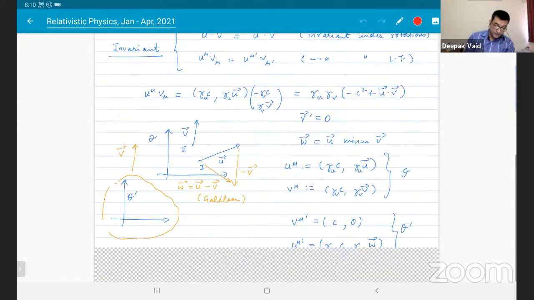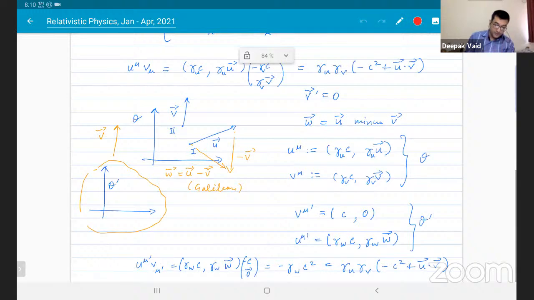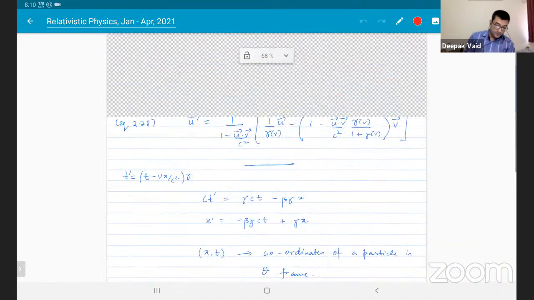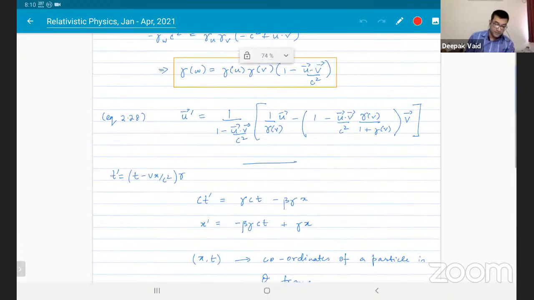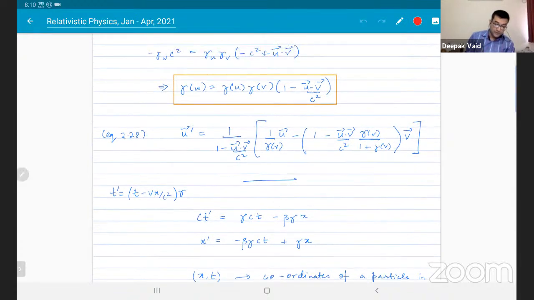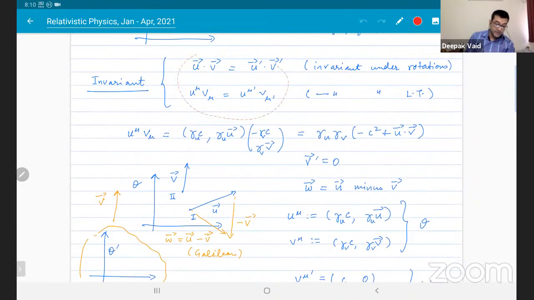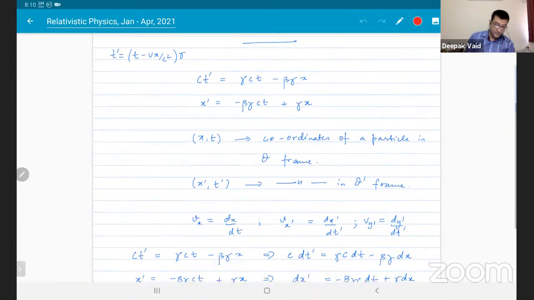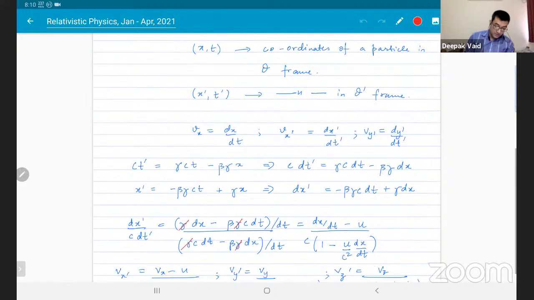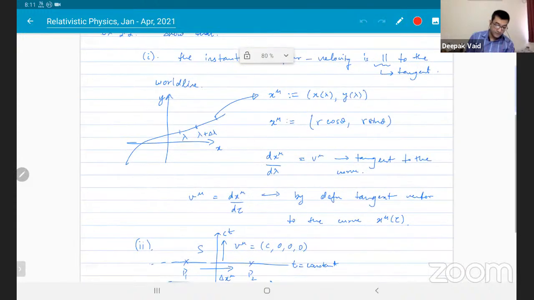And then showed you that there is a nice expression which can be obtained for the gamma factor of the relative velocity, using the fact that the inner product of two vectors is invariant under different frames of reference. Then I gave you a very quick derivation of the velocity addition itself, which is actually quite straightforward.